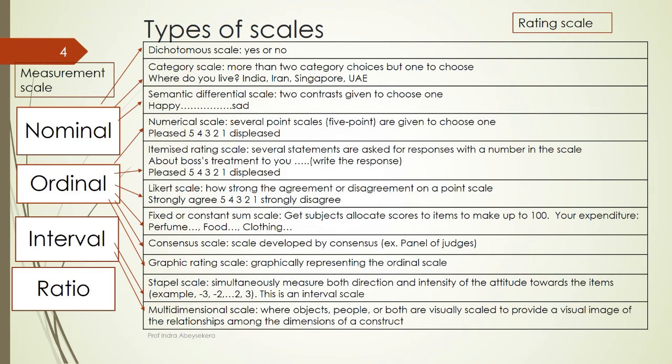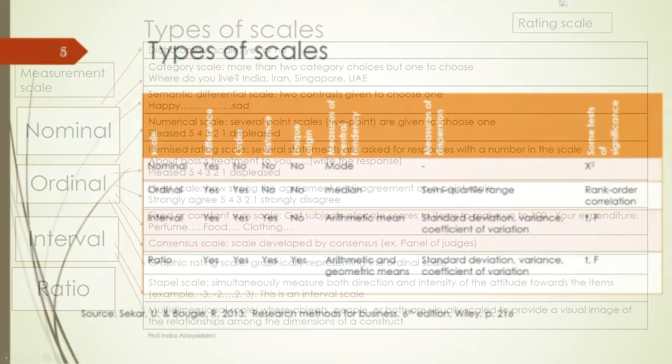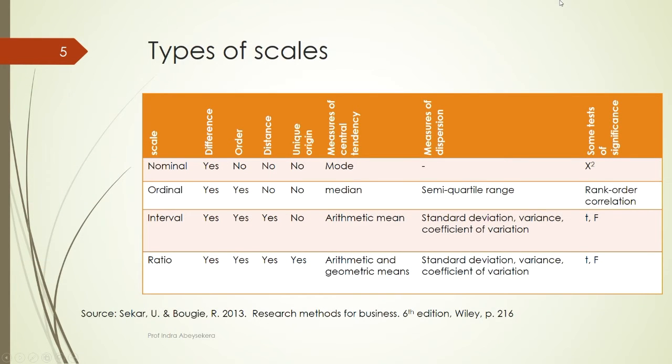The ratio scale is where a natural 0 exists, and then we can look at the attribute and measure it as natural numbers.